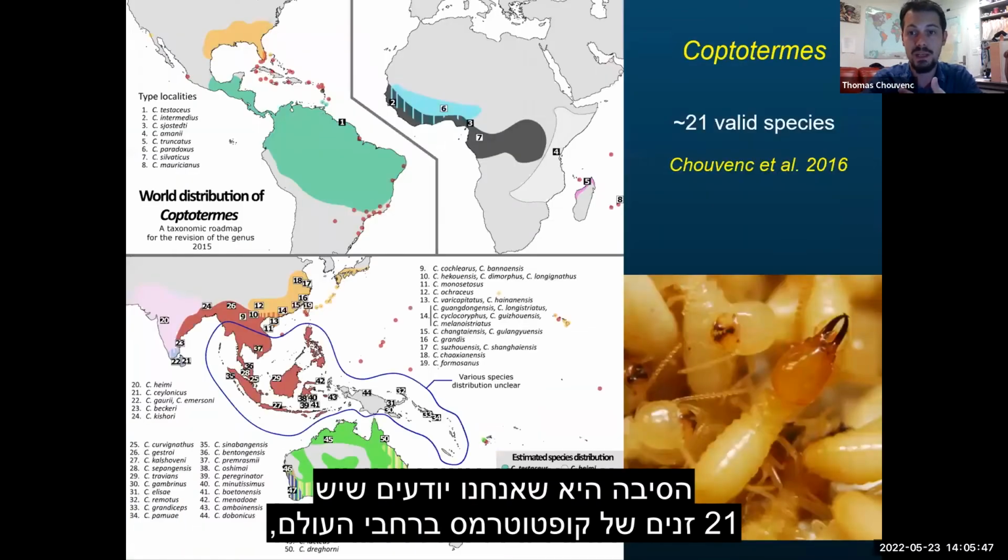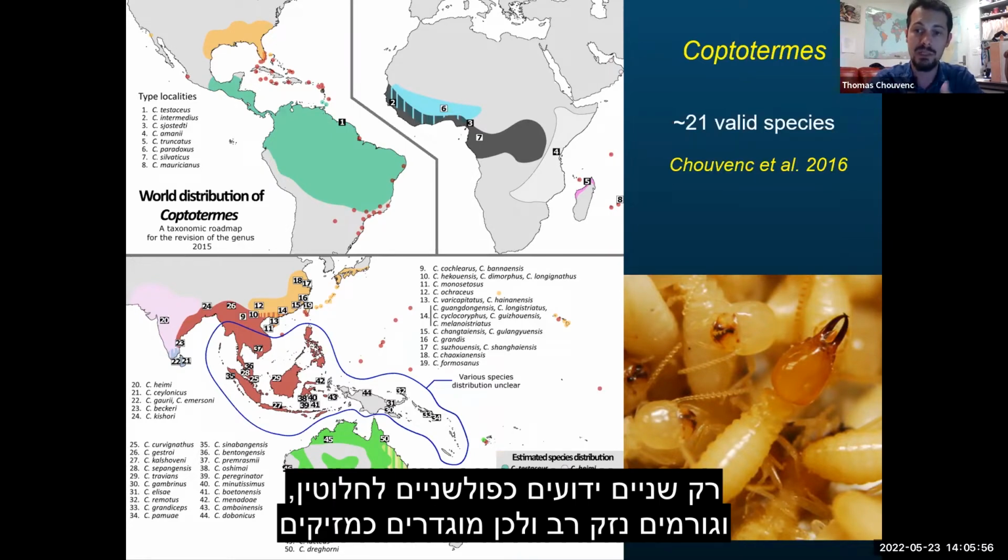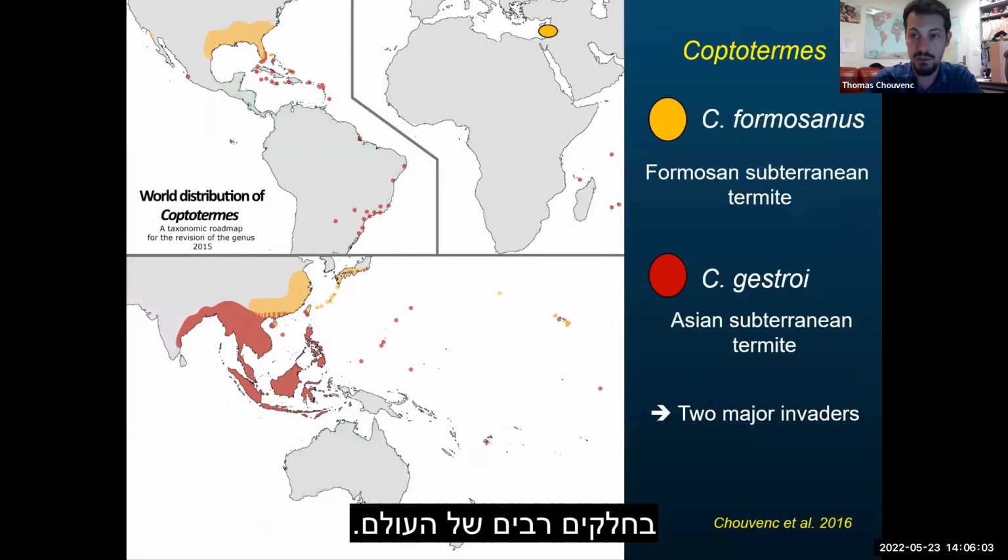The reason is, for Coptotermes, we know there are about 21 species distributed throughout the world, but out of these 21 species, only 2 are known to be fully invasive and have done a lot of damage, so they are known as pests in many parts of the world.